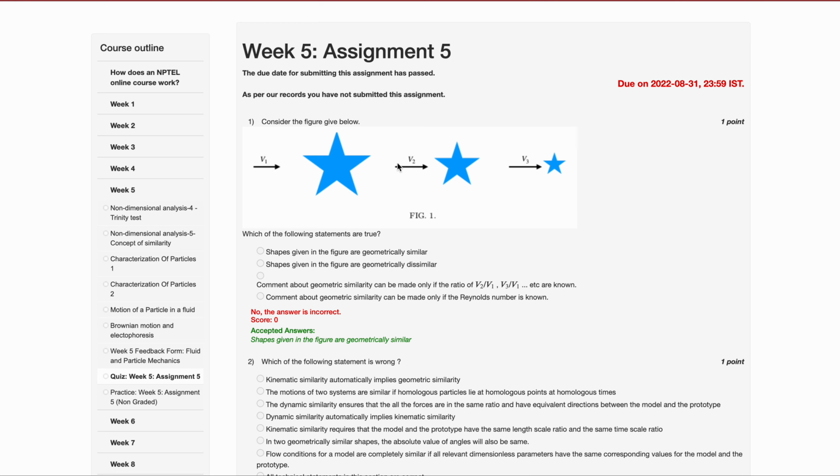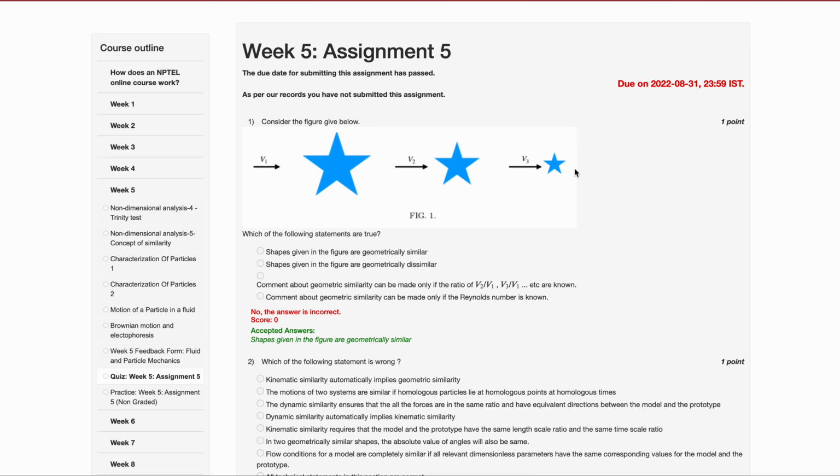These v1, v2 and v3 are some sort of velocities towards these stars in the same direction, and these stars are, as you can see, decreasing in size but they are geometrically similar.